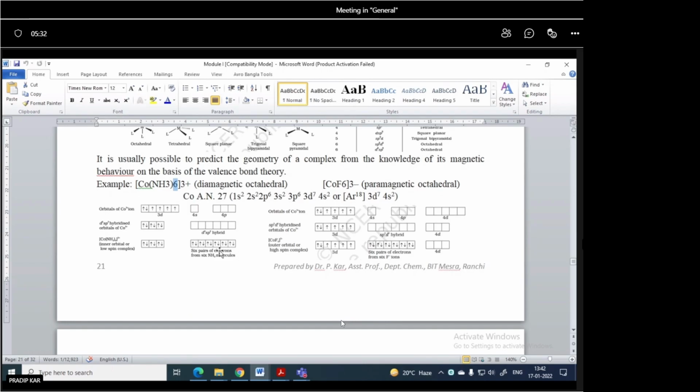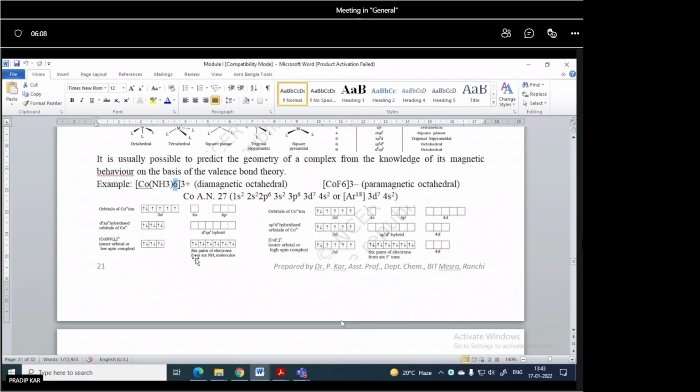And this is only possible when there are no unpaired electrons after the hybridization. Before hybridization, there were unpaired electrons, but after complex formation, you can see that here are no unpaired valence electrons. That is why it behaves as diamagnetic. So in that way, we can predict the hybridization as well as geometry for this particular complex.